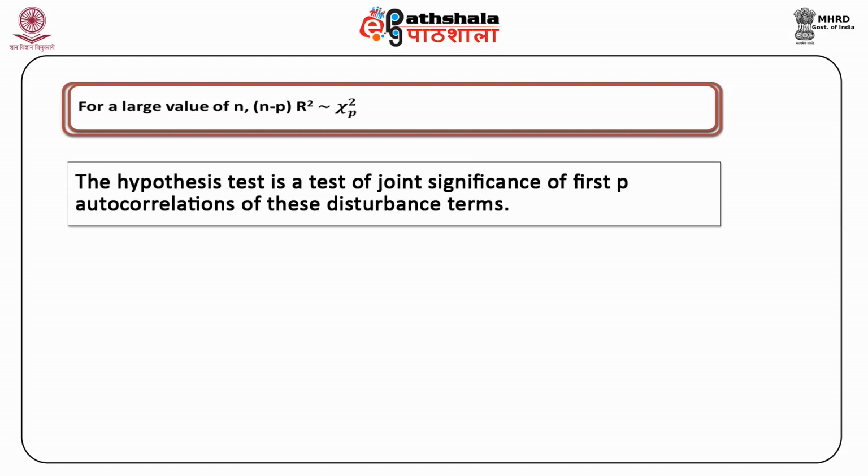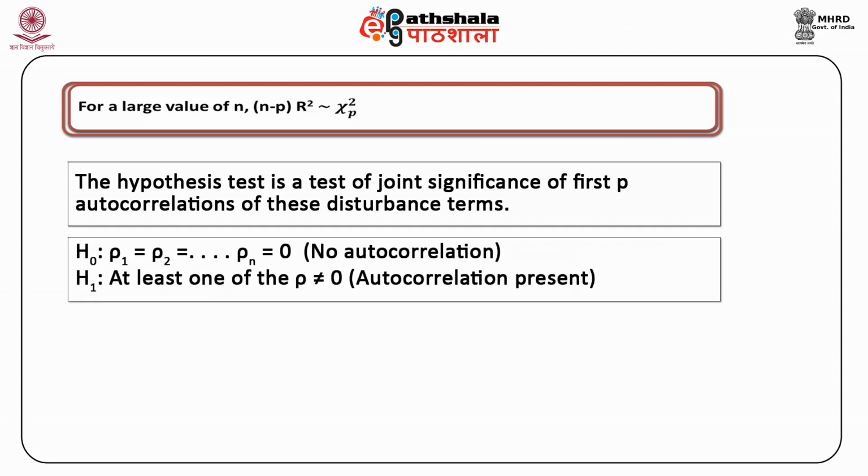The hypothesis test is a test of joint significance of the first p autocorrelations of the disturbance terms. So our hypothesis is that H0 is rho 1 is equal to rho 2, and so on up to rho p is equal to 0, no autocorrelation.